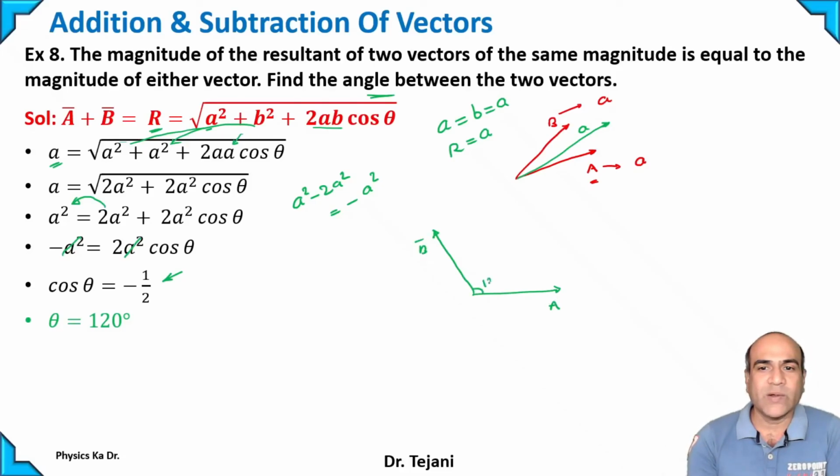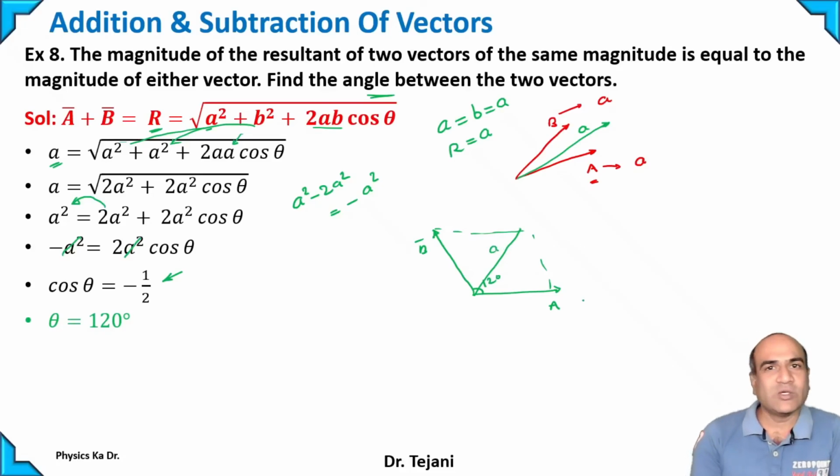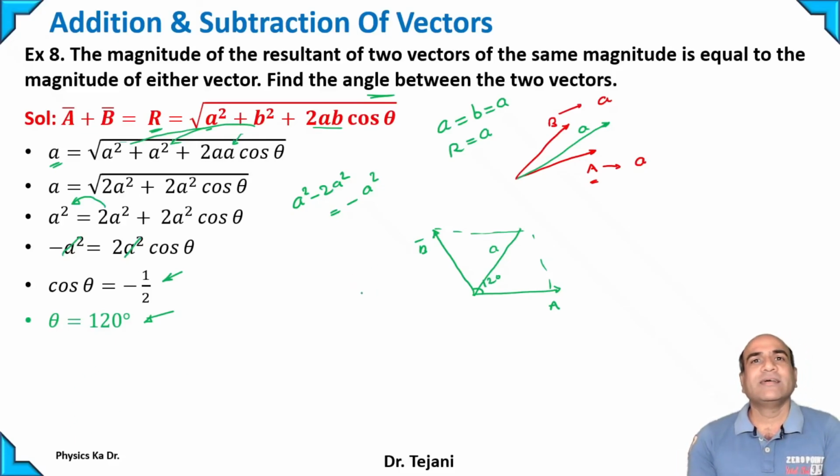Angle is 120, so that the resultant is also equal to magnitude A. So at 120 degrees, all three vectors, meaning the two original vectors and the resultant, all have equal magnitude.